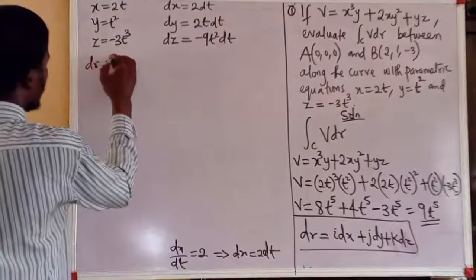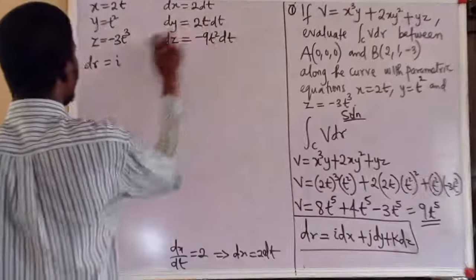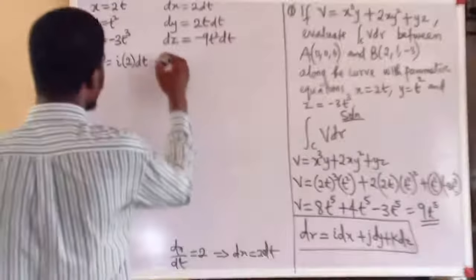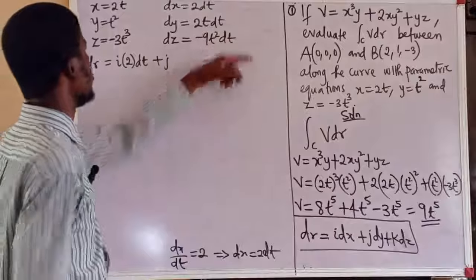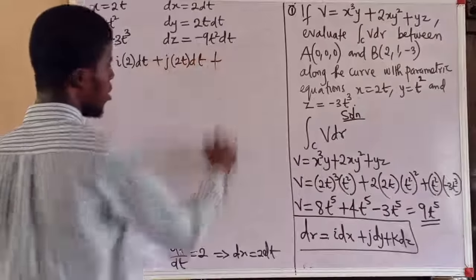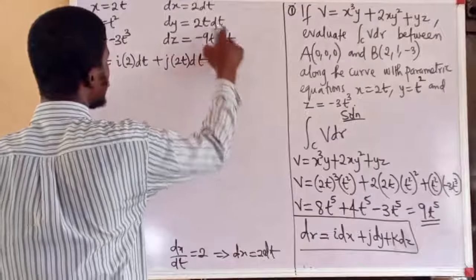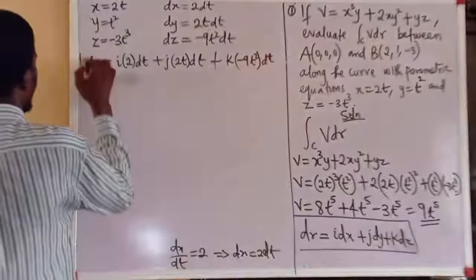Therefore, dr is i into, what is dx? 2 dt, plus j into, what is dy? 2t dt, and what is dz? Minus 9t squared dt. So this is dr.